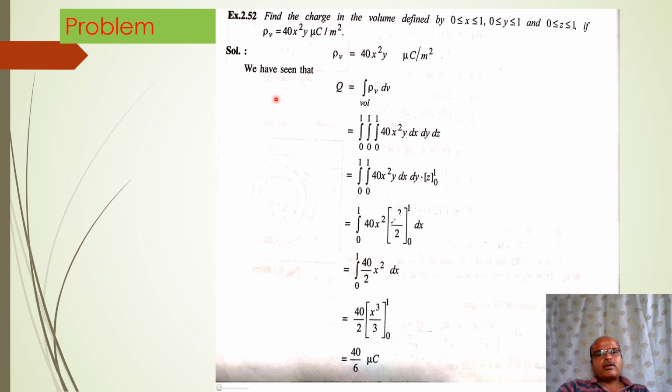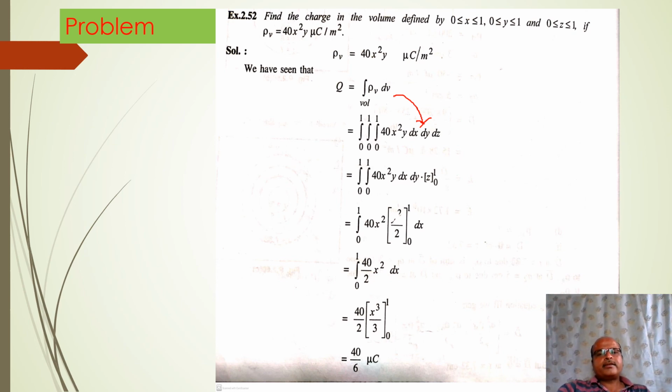From Gauss law, for volume charge density we have Q equal to integral over v of rho v dv. Here rho v, the volume charge density, is 40 x square y, with dx dy dz. The differential volume in the Cartesian coordinate system is denoted by dv, which is given by dx dy dz. If we solve this integral, we can take 40 outside.